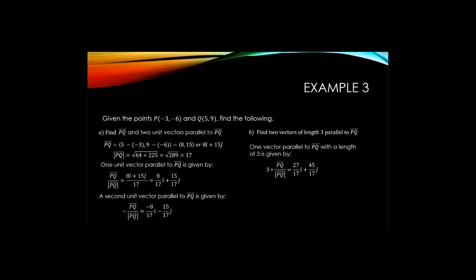The second vector with a length of 3 and parallel to PQ is going to be the negative of that vector. So I'm going to get -3 times PQ over the magnitude of PQ, which is equal to -24/17 i hat minus 45/17 j hat.